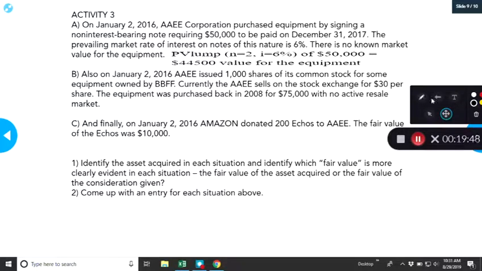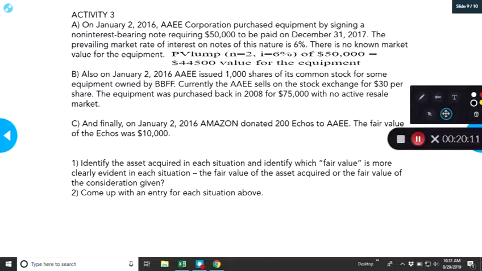Now, if we look at B, we issued 1,000 shares of our stock for some equipment owned by BBFF. We know the value of our stock. It sells on the stock exchange for $30 a share. The equipment was purchased in 2008 for $75,000, and there's no active resale market.